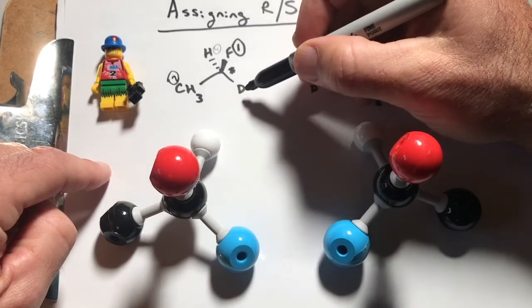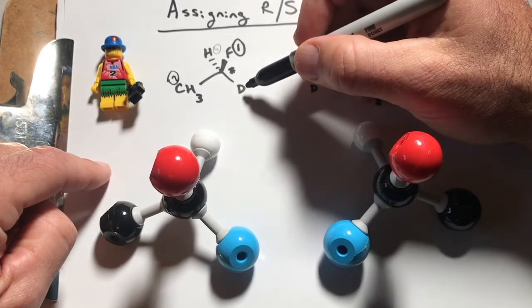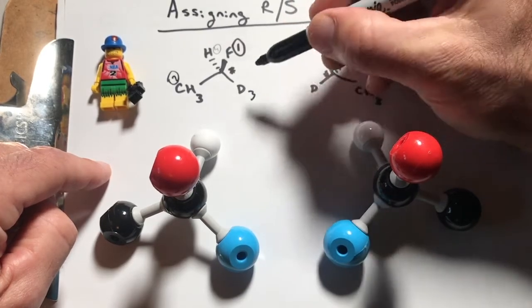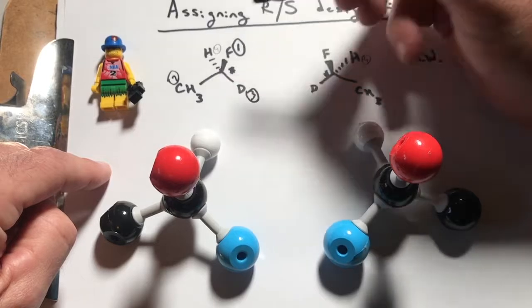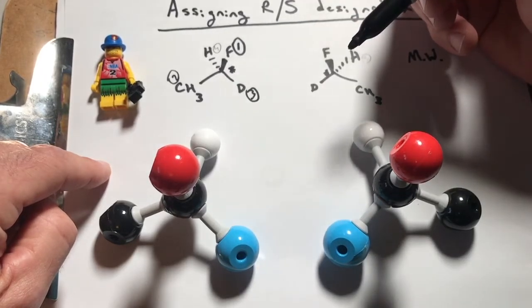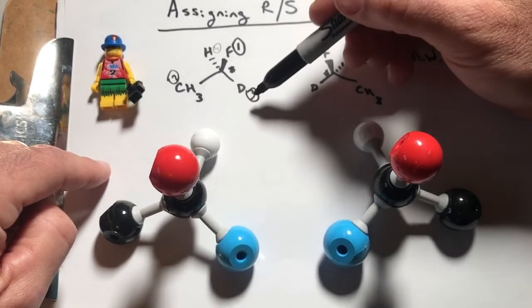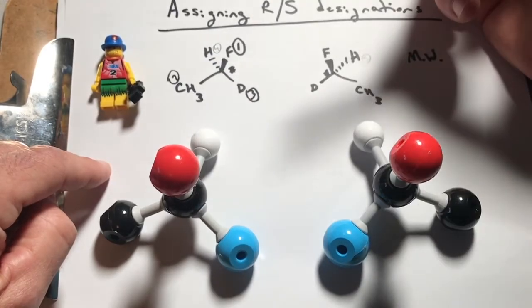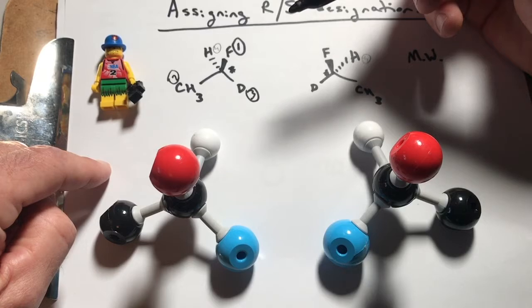Deuterium, right, because it is simply a proton with an extra neutron in the nucleus, that is going to be assigned a 3. It is higher priority than hydrogen because that hydrogen just has a molecular weight of 1. So deuterium with its 2, fluorine with its 19, and carbon with its 12 is how we decide these priorities.